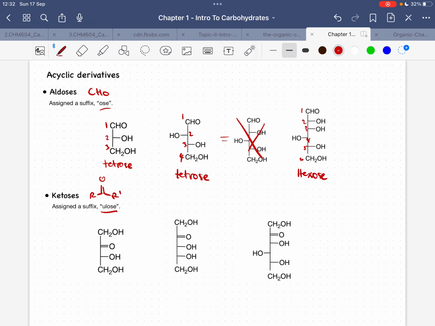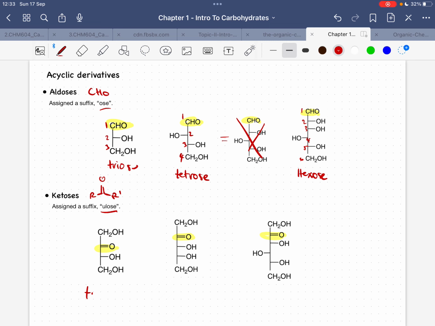Now the ketose: remember, you'll notice that aldoses have aldehyde functionalities. The ketose, on the other hand, has a ketone functionality. So these are the ketoses. In naming, the prefix describes the number of carbon atoms, whereas the suffix is -ulose. Okay? So, sorry, this is not a tetrose but a triose.